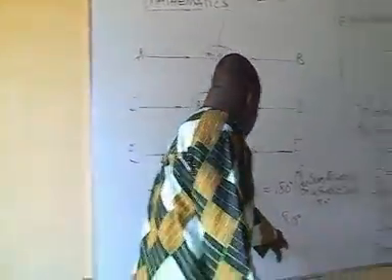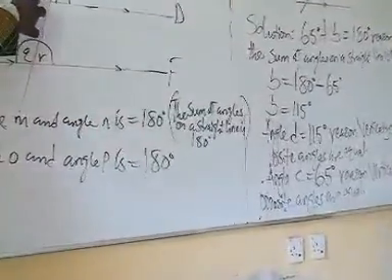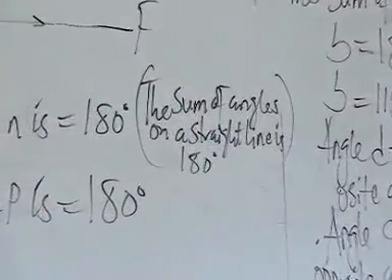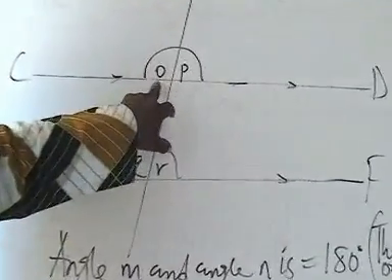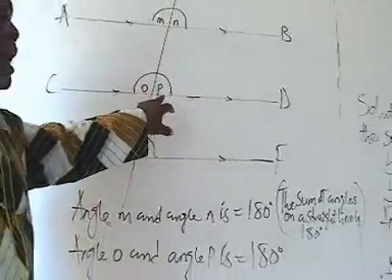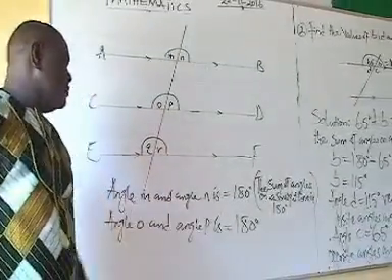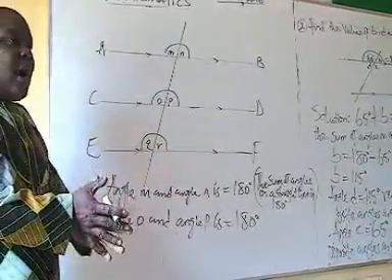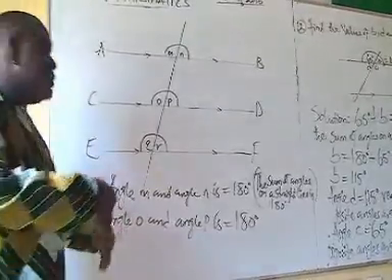The same thing applicable to this one. Angle O and angle P is 180. Reason: the sum of angles on a straight line is 180.